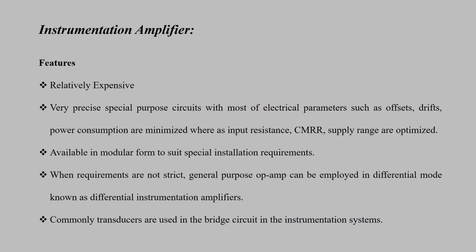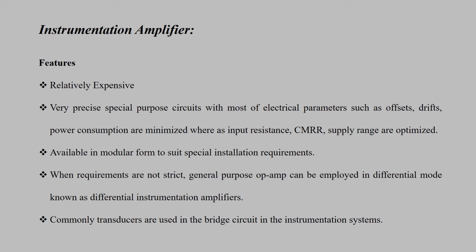They are available in modular form to suit various special installation requirements. When requirements are not strict, general purpose op amps can be employed in differential mode. We call such amplifiers differential instrumentation amplifiers.